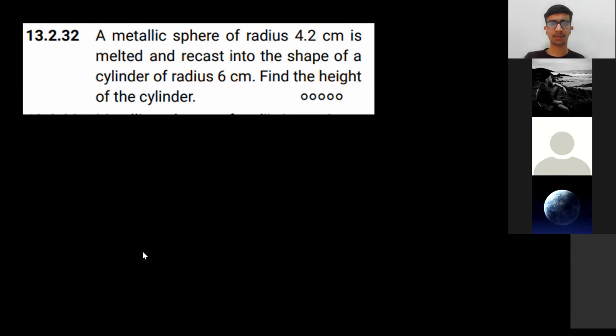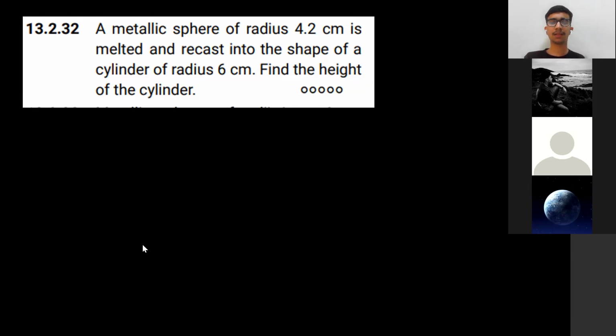Yes, Mansi, correct. Okay, Anirban, your answer is also correct. Aditya, correct. Okay, it's super easy. As I told you, when you melt the objects, you just have to equate the volume.